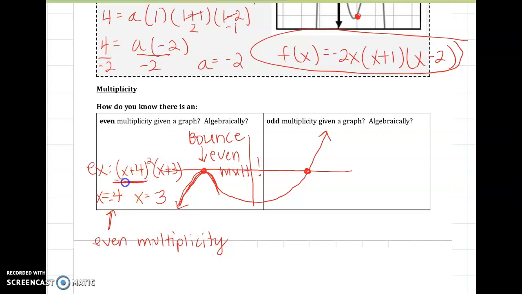Because if I have x plus 4 squared, technically I'm getting 2 of these for my 0, so therefore that's an even multiplicity. So this is actually going to bounce right here on this graph. If I look at the other side, you'll see that this one crosses through. This is what we have as an odd multiplicity.